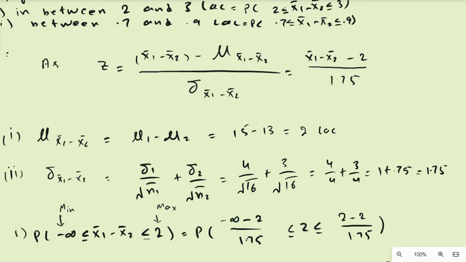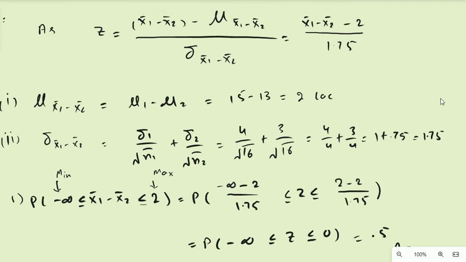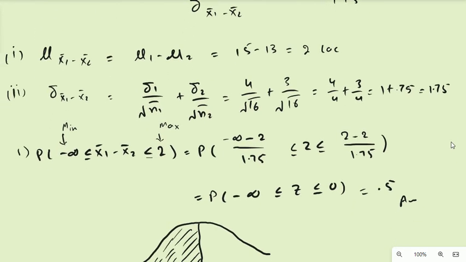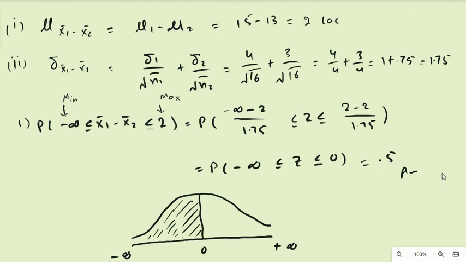Minus 2 and 1.75 are constant on both sides. If we calculate it, we get minus infinity, and on the other side we get 0. So ultimately we get these values, minus infinity and 0.